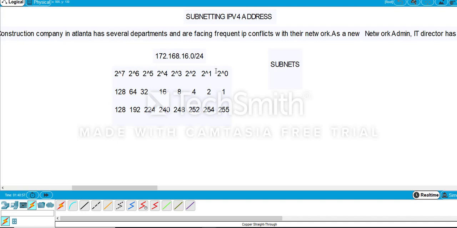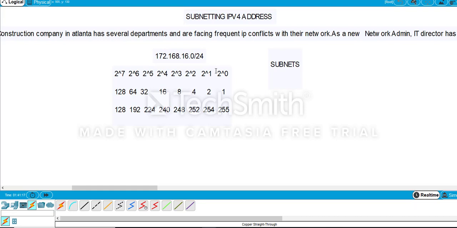So we need to borrow a certain number of bits. What we know is that 172.168.16 is the network portion of the IP address of this network.